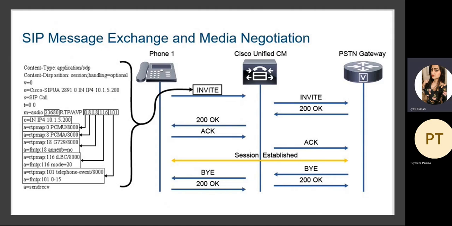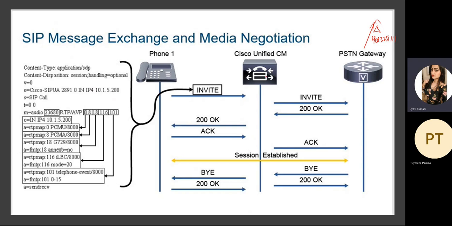Okay, now here we can see an exchange of SIP messages between the phones. So let's say phone one wants to make a call outside of the network, let's say to a PSTN phone, 40832511111, whatever. So this phone dials this number.